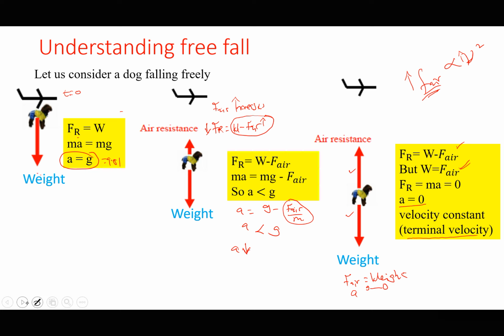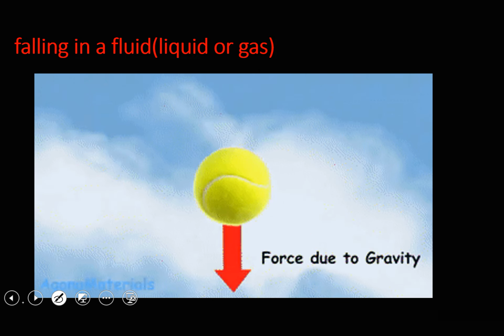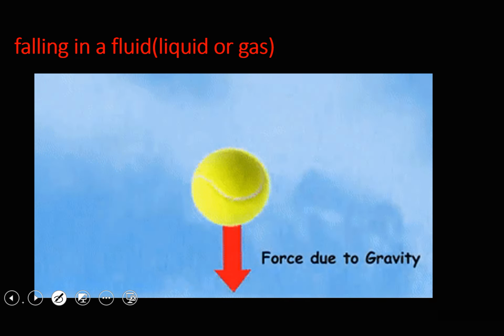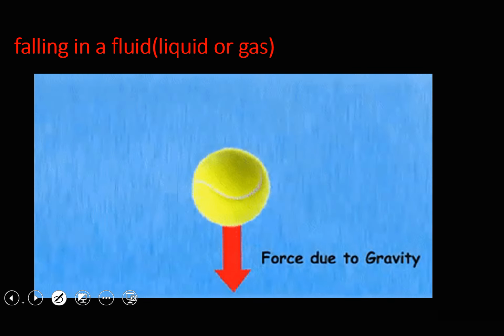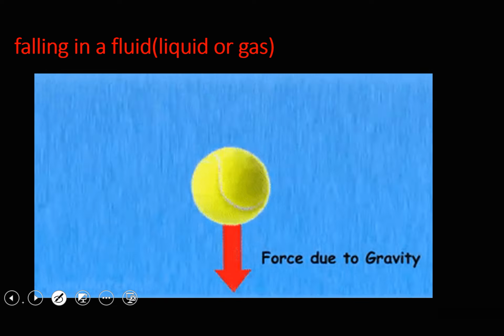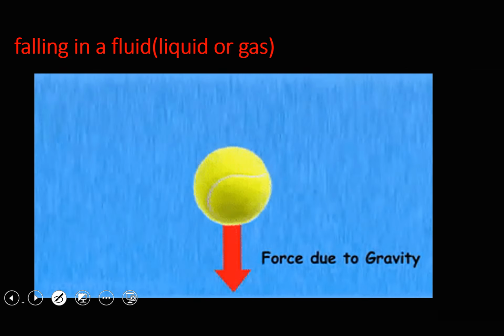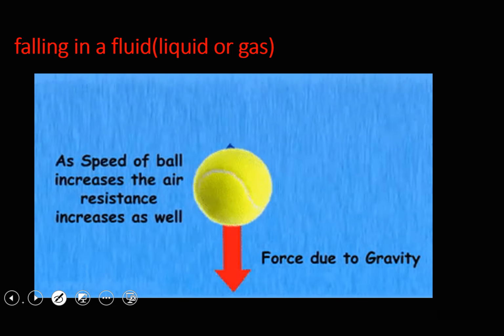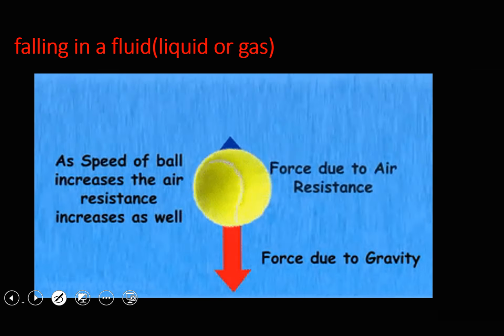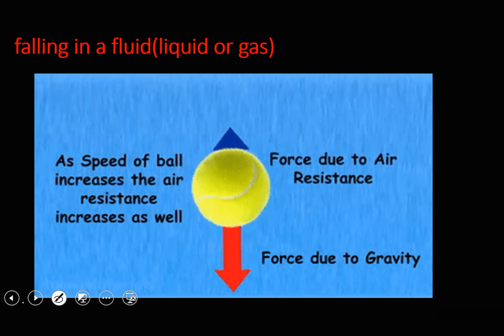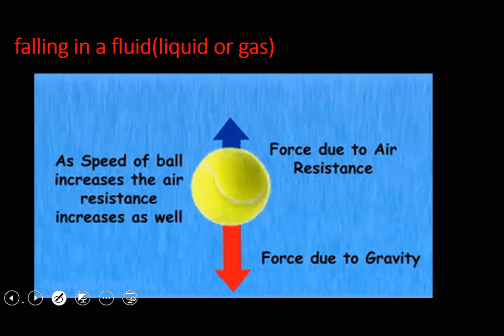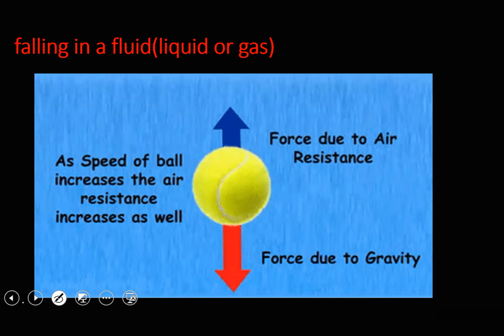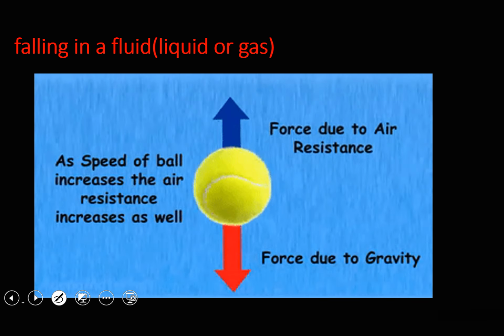Okay, so here is a simple illustration of terminal velocity. I mean, free fall, say in a fluid such as a liquid or a gas. Initially, the only force we had was force due to gravity, but then as time goes on, the force due to air resistance increases because the speed of the object was increasing.